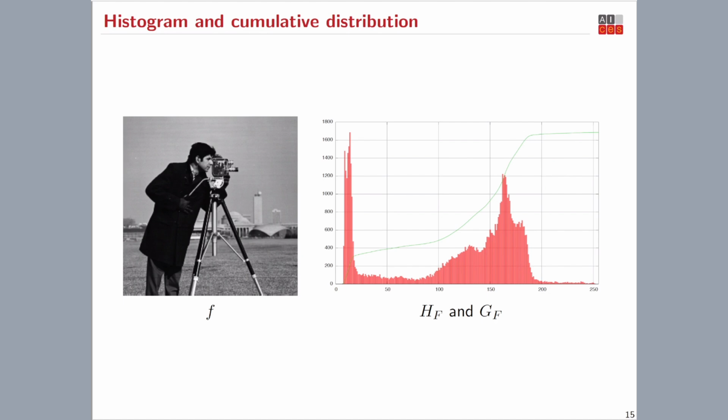And these functions are helpful to do manipulations of the images. One example that we will get is the so-called histogram equalization. If you want to uniformly use the gray values that you have available, you would like to have a distribution function that has a constant increase. So it's more like the identity, so that all of the gray values appear equally often. But we will get to that.